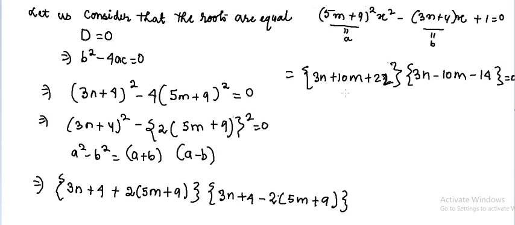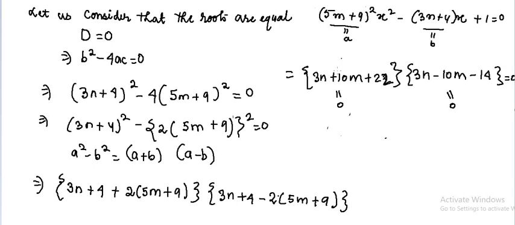Now, whenever a into b is equal to 0, it means that either a is equal to 0 or b is equal to 0. Fine. Now you can assume that any one of the terms will be equal to 0, either this term or this term.